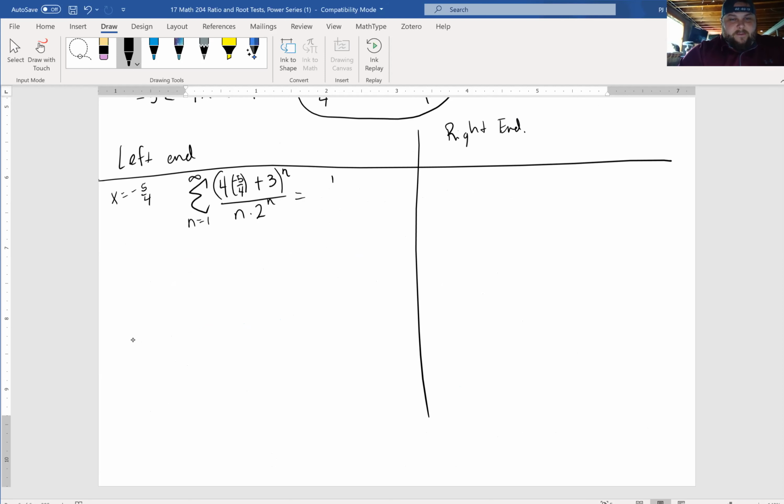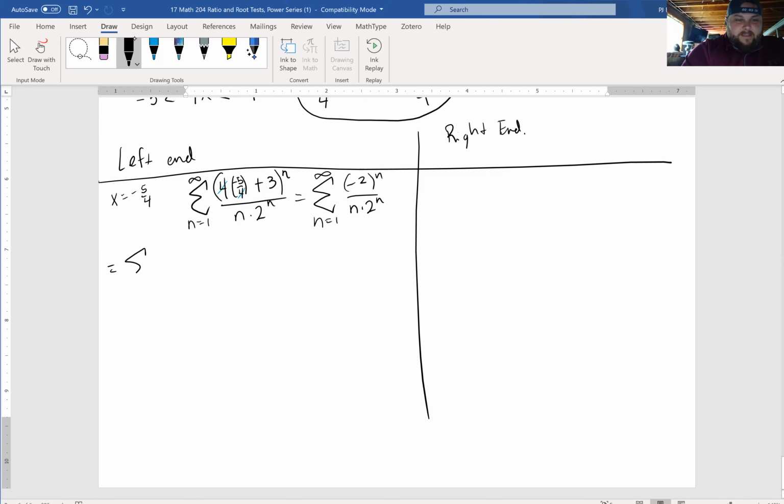So now we need to see, what does this look like? Well, we've got 4 over 4. Those would cancel. -5 plus 3, that's -2, to the n over n times 2 to the n.